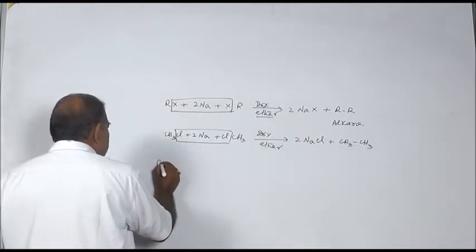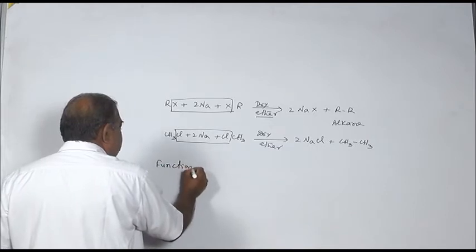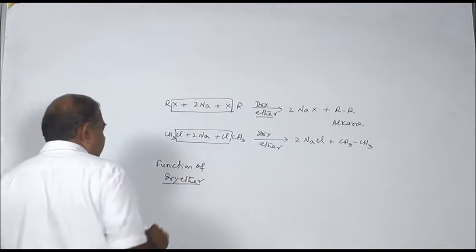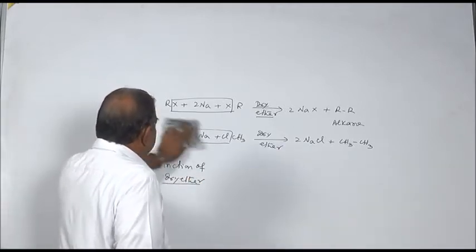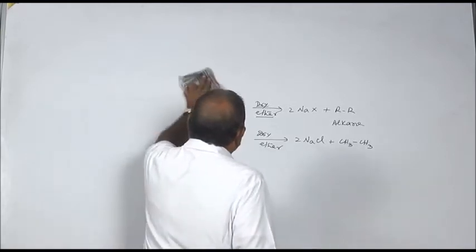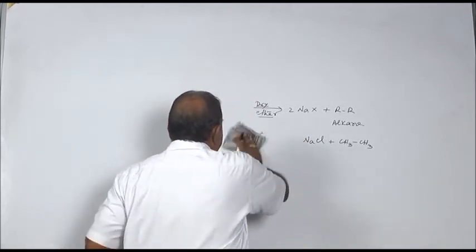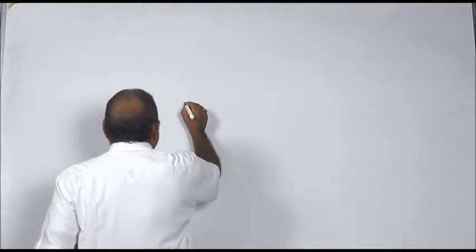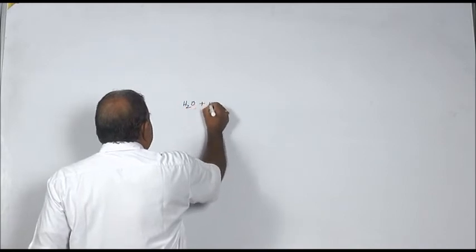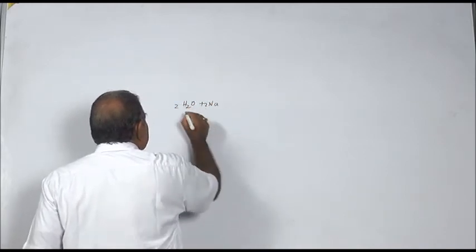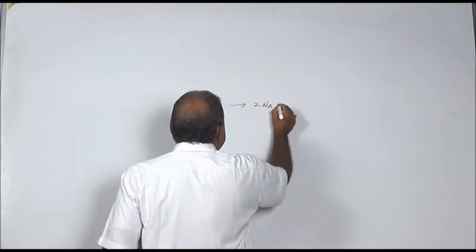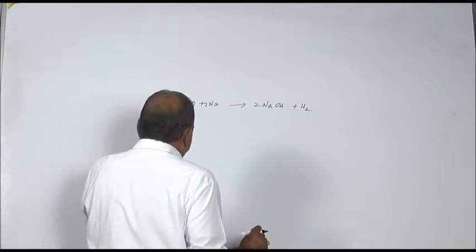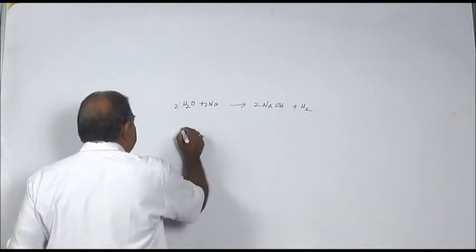Now what is the function of dry ether? Ether having no water is called dry ether. Usually alkyl halides are contaminated with water. They are liquid, sometimes containing water. Now sodium reacts with cold water to form sodium hydroxide and hydrogen. These two products react with alkyl halide.